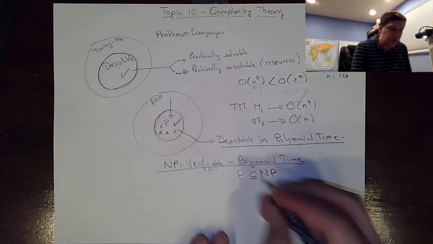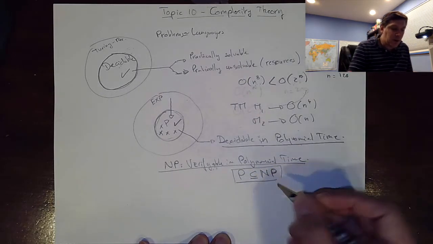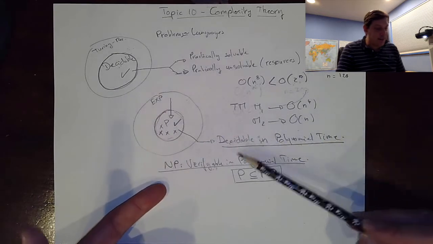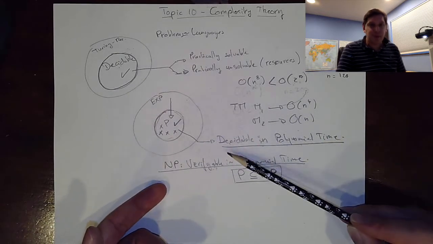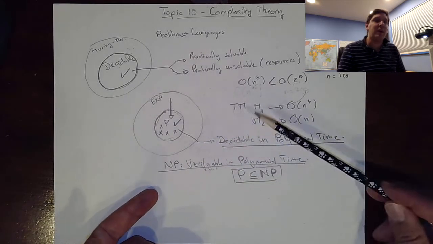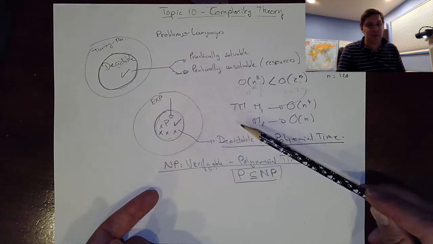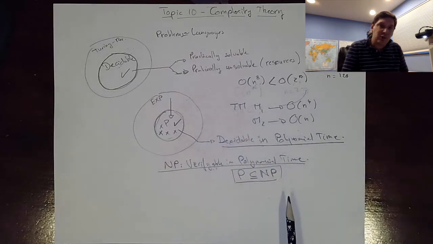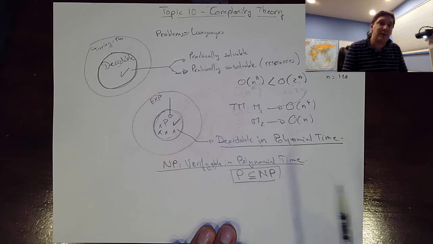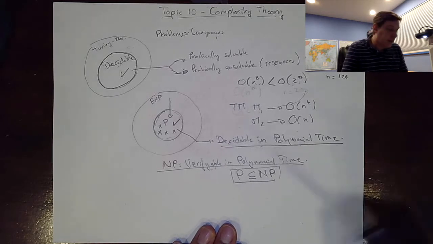This we can be sure, and we can prove at least that if it is decidable, it is verifiable. What we don't know is, is it true that if it is verifiable, it is decidable? So we know in this direction, right? We know that P has to be in NP or equal.